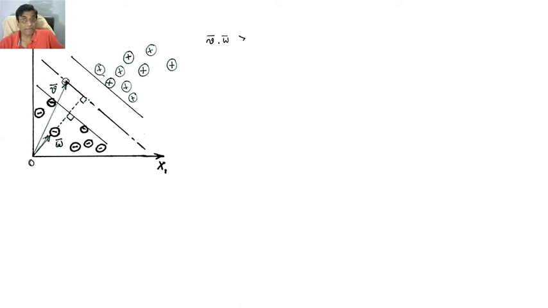Say, if it is greater than or equal to B, some arbitrary constant, then the arbitrary sample belongs to the positive class.